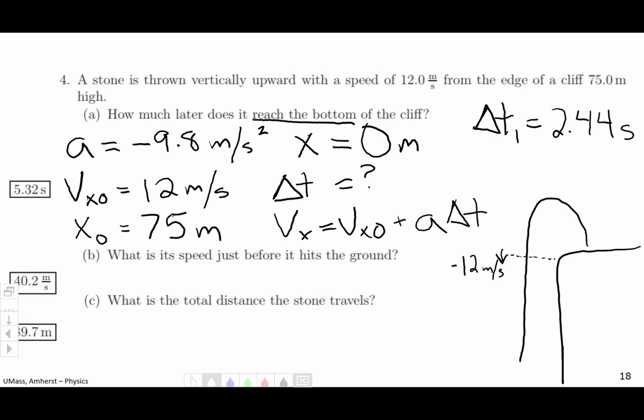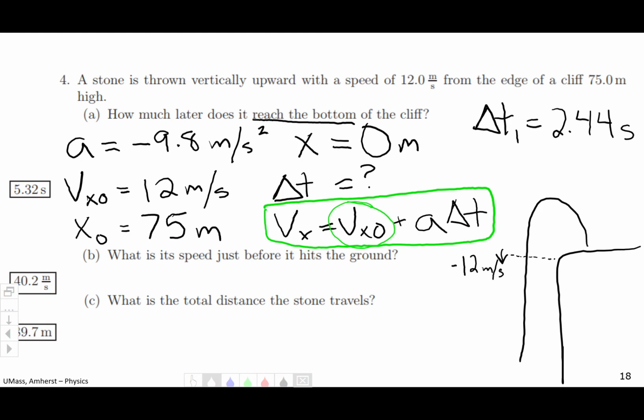What do we need? Well, we can use this, but if we start with a Vx0 of negative 12, we're going to need to calculate the Vx.